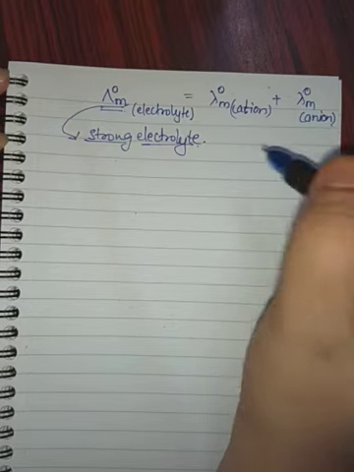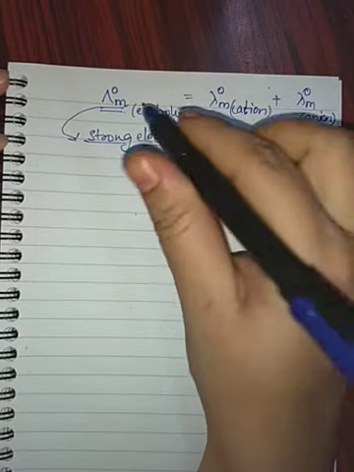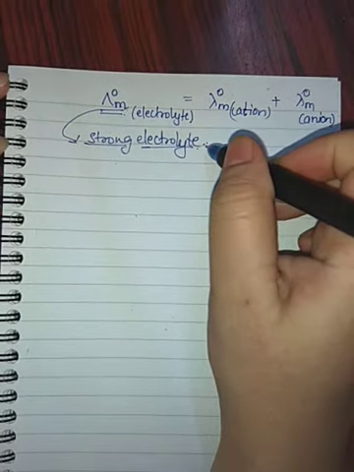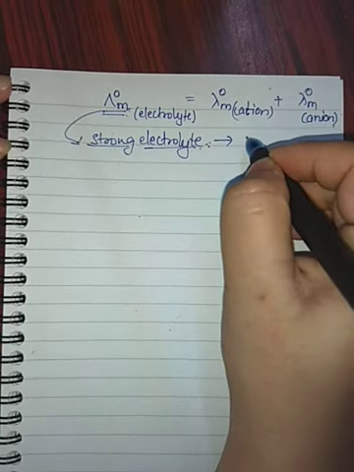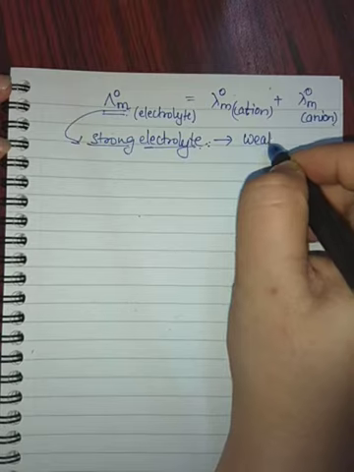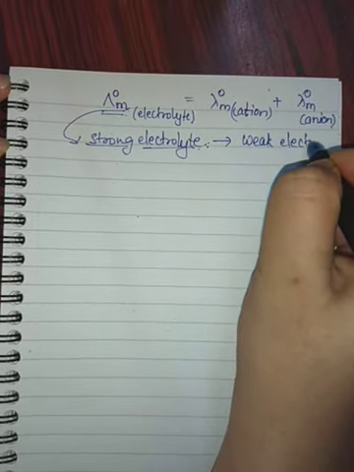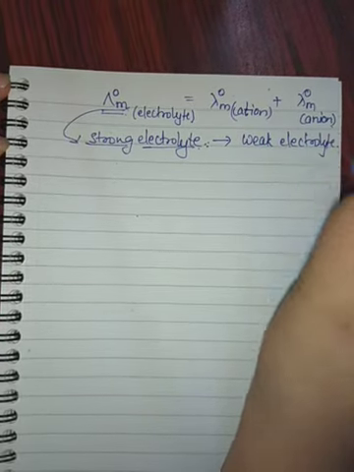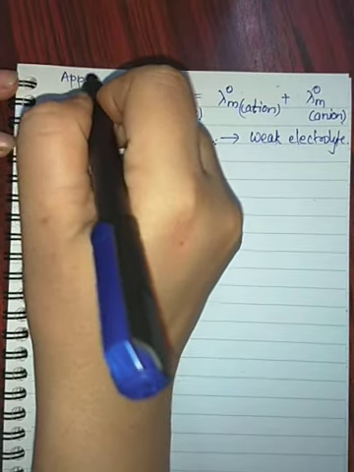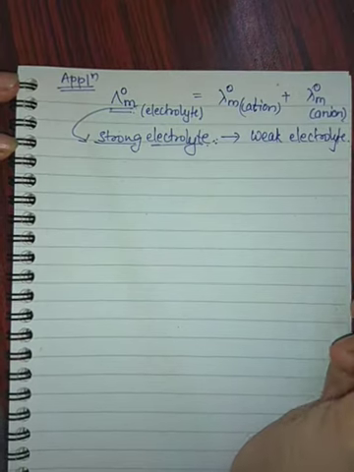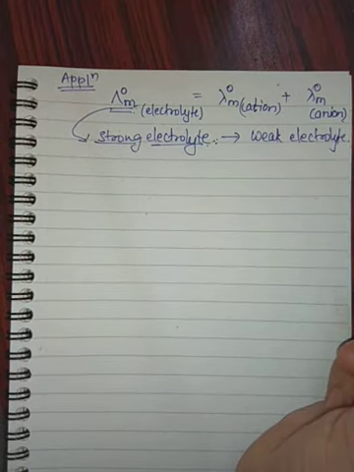If you know the limiting molar conductivity for strong electrolytes, you can calculate the limiting molar conductivity of weak electrolytes using the strong electrolytes. So this is the application of Kohlrausch law. It's an application where it is used.